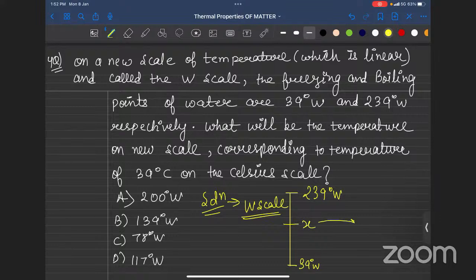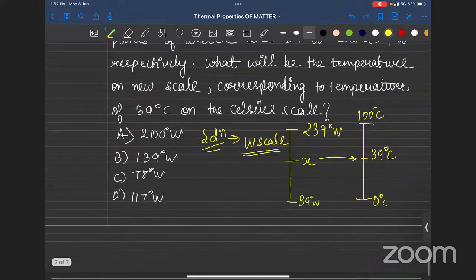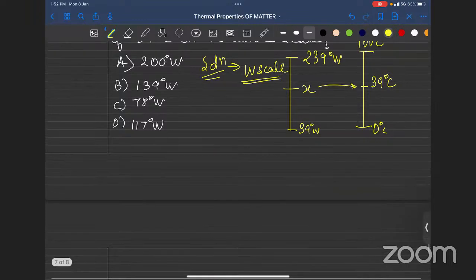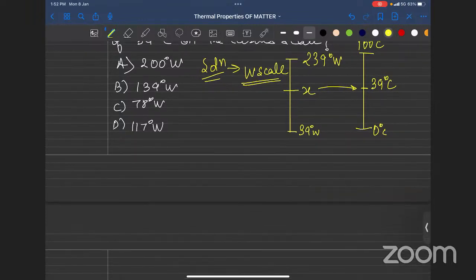So corresponding to it here, we have our Celsius scale as per the question. I hope you have read the question, isn't it? 100 degrees Celsius, and here the lowest is 0 degrees Celsius. And in between, the temperature is 39 degrees Celsius. Now, we know the approach.